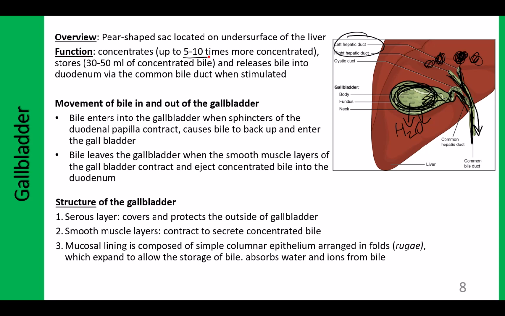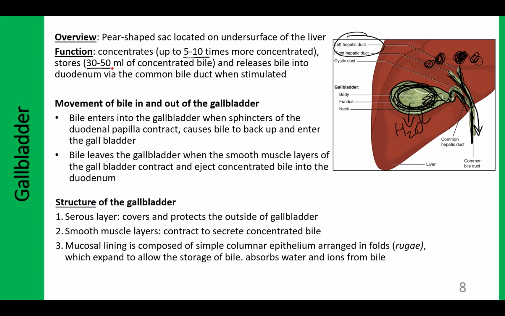And again, the gallbladder can only store 30 to 50 mL of concentrated bile. It can't store a liter of bile that the liver produces each day.